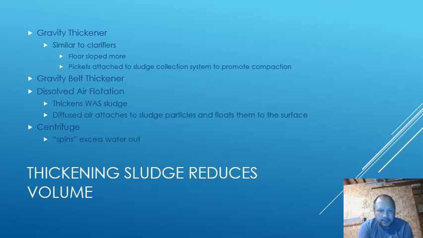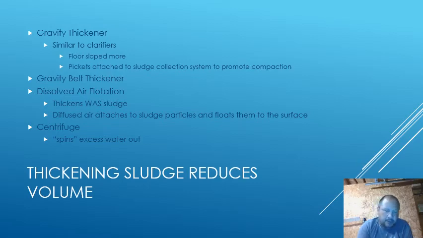The floor of our gravity thickener is sloped quite a bit more than our clarifiers, and the rotating mechanism that collects sludge at the bottom has pickets, or basically pipes, that stick straight up in the air and try to create voids in that sludge blanket to allow water to escape.